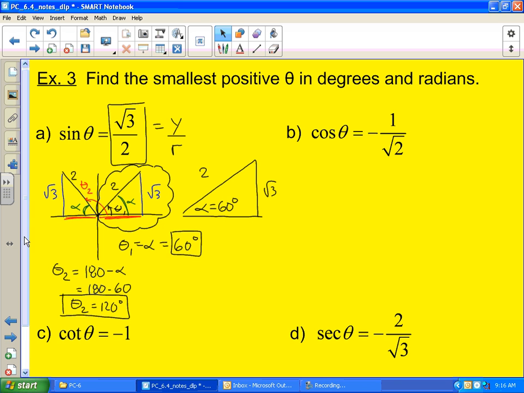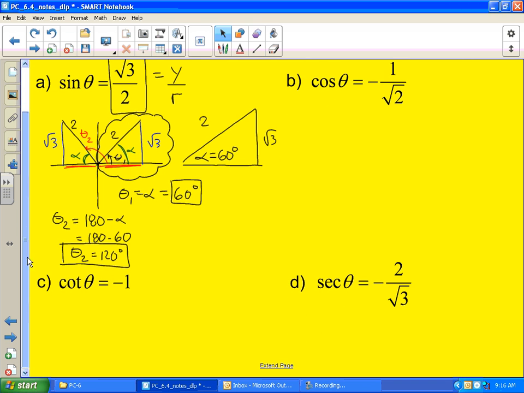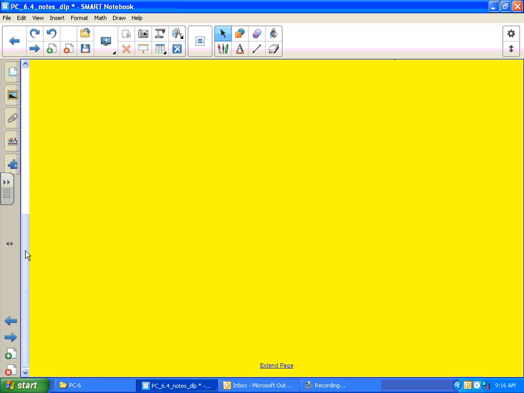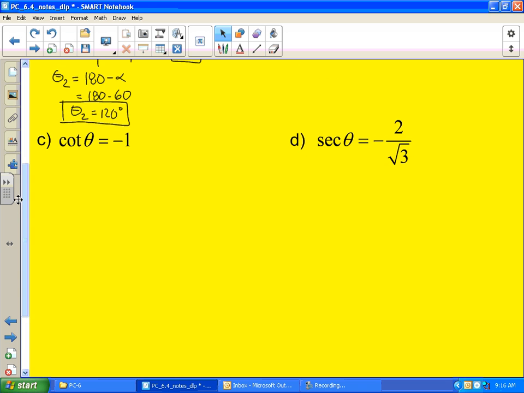Let's real quickly try one of these reciprocal functions. Let's try D. A secant related to a cosine.